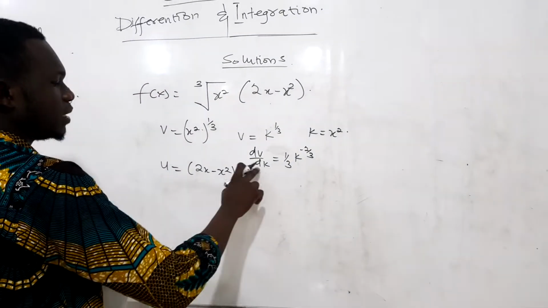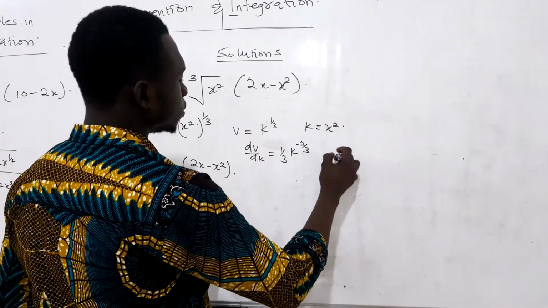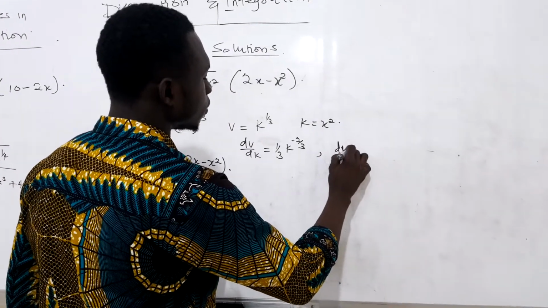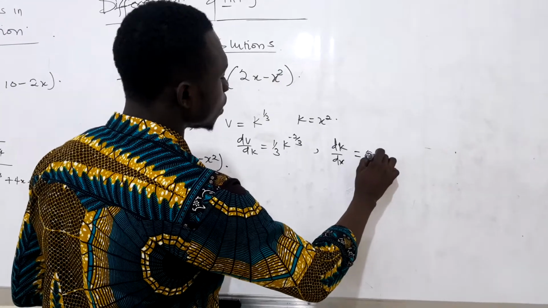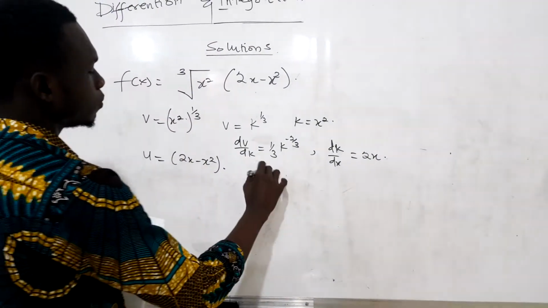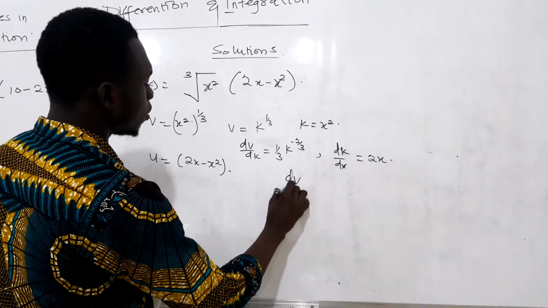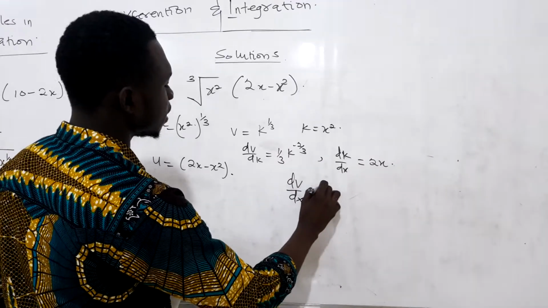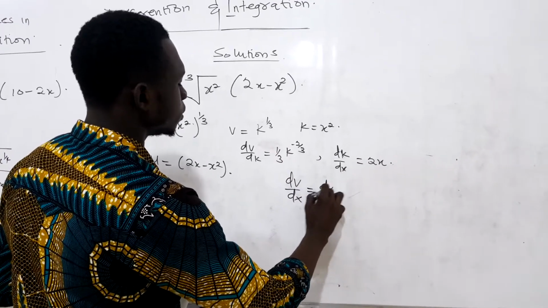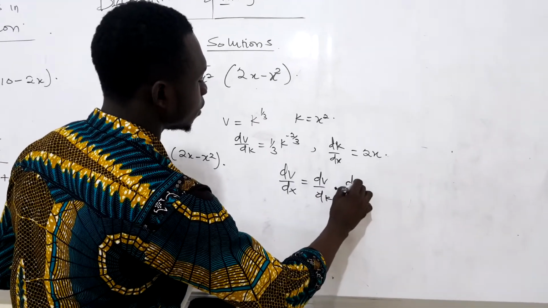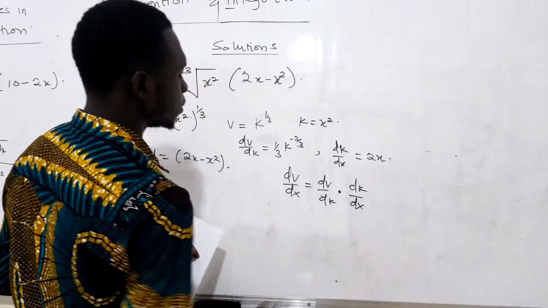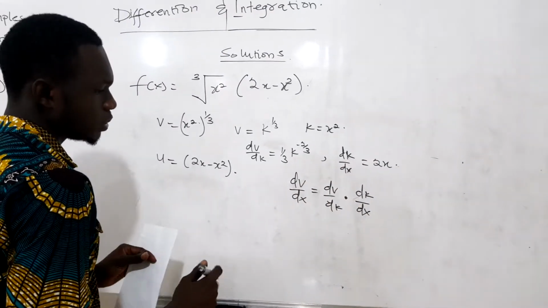That would be my dv/dk. Then my dk/dx, I'm going to get 2x. Now my dv/dx is going to be dv/dk multiplied by dk/dx.